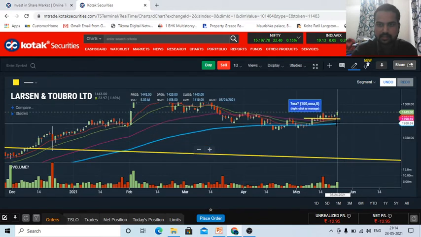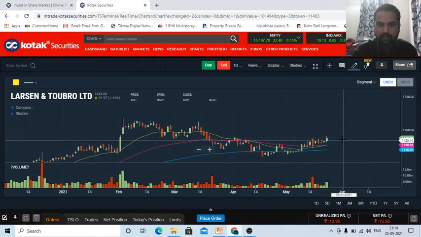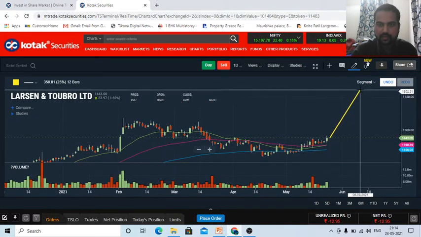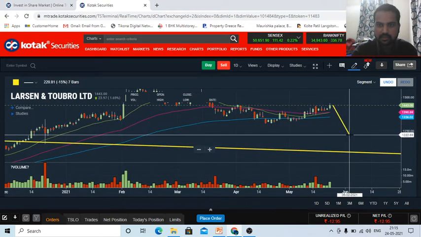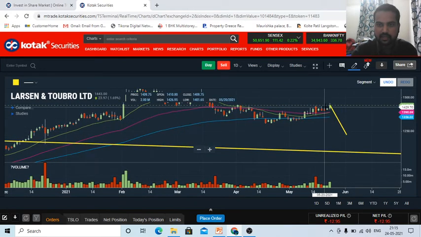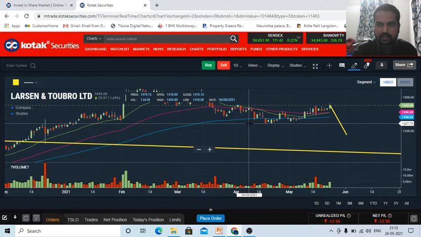Now what happens is a matter of time. We have to watch it carefully. Compared to the risk, we can keep a stop loss below the recent swing low, approximately 1307, which is approximately 9%.